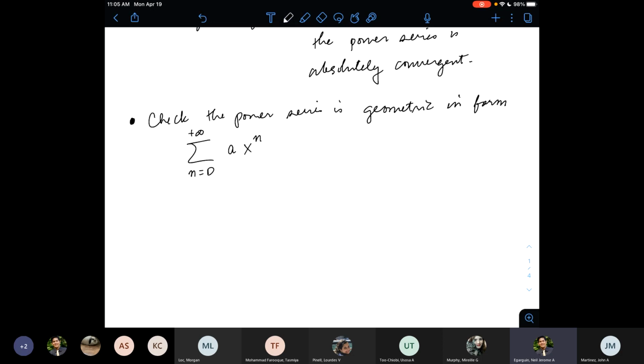So if your power series is geometric in form, that means you have constant multipliers to powers of x, then you can use the geometric series test.